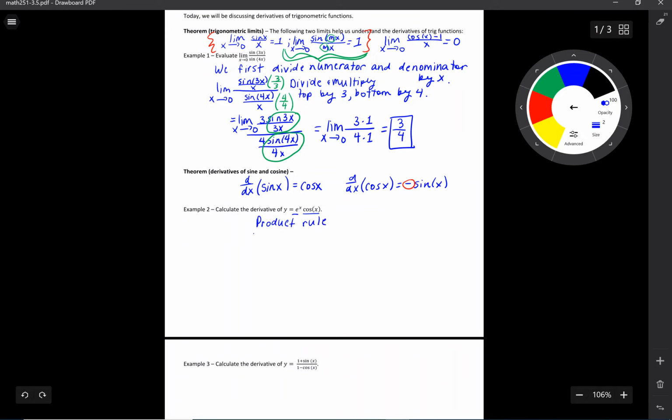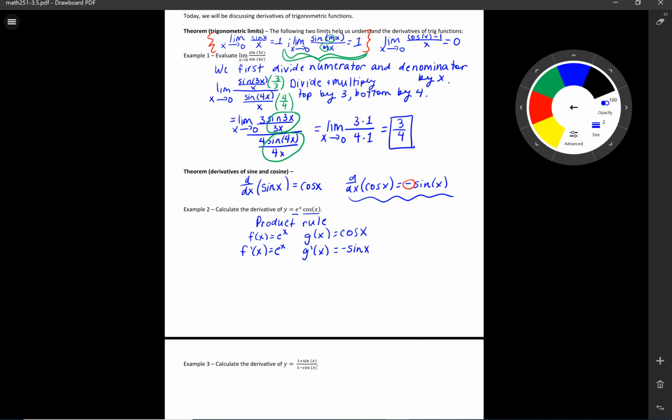So I'm going to label my f of x as e to the x, and my g of x equals cosine x. And then I also need f prime of x, which is just e to the x. And g prime of x, according to what I just learned up here, the derivative of cosine of x is equal to negative sine of x.